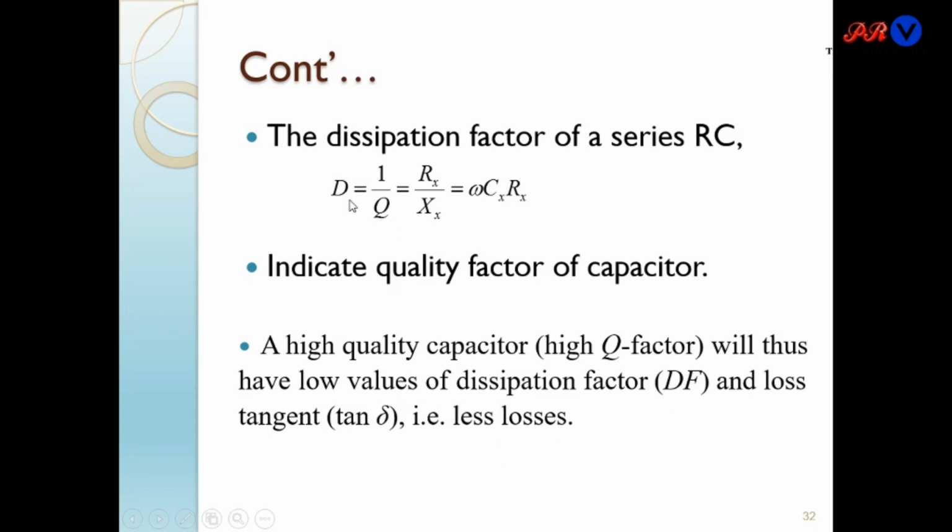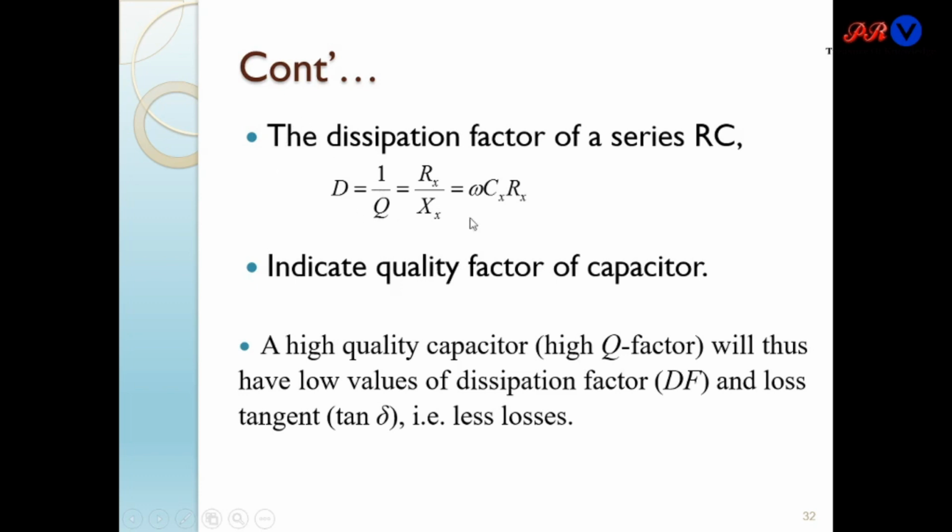As it is inversely proportional, if the dissipation factor is very high then the quality factor is low, so a high value of quality factor is required. Quality factor and dissipation factor are the inverse of each other.